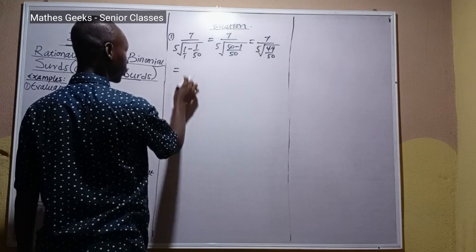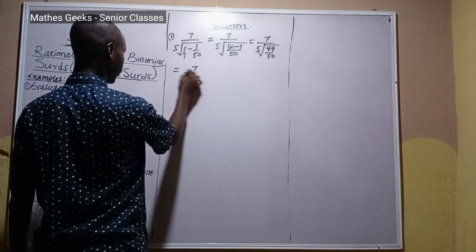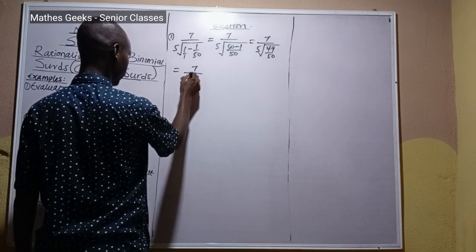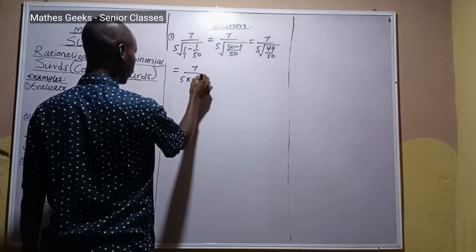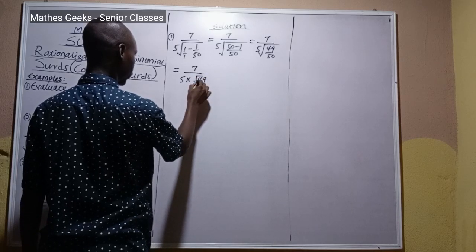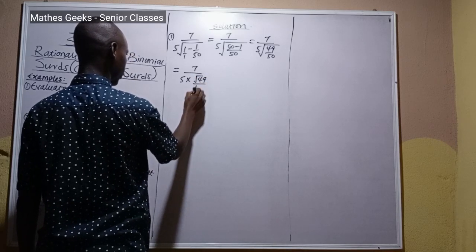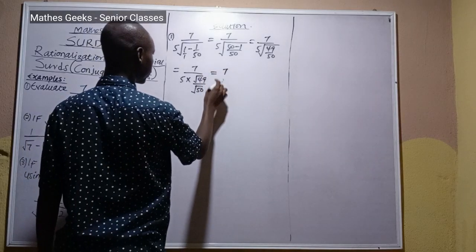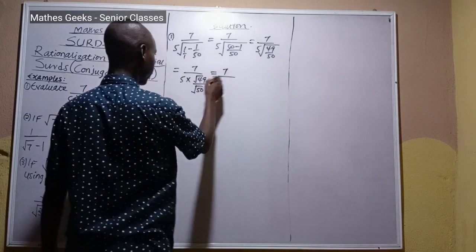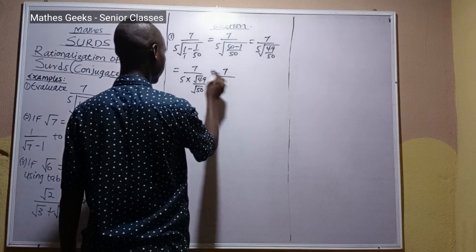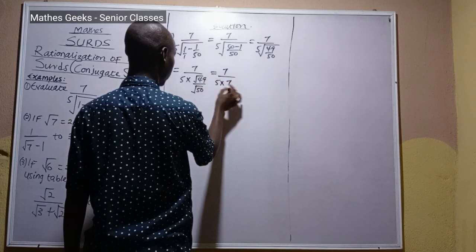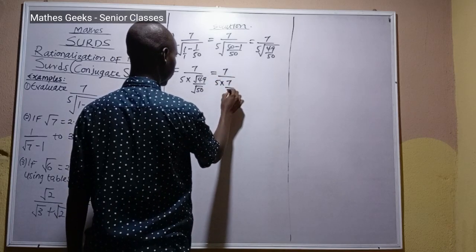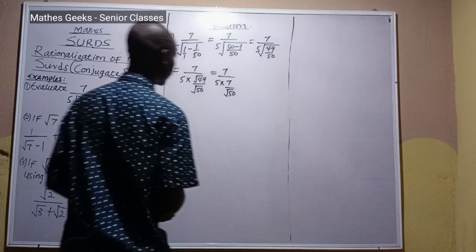And so this is equal to 7 over 5 times root 49 over root 50. And this equals 7 over 5 times square root of 49, which is 7, over root 50. So what do we do?